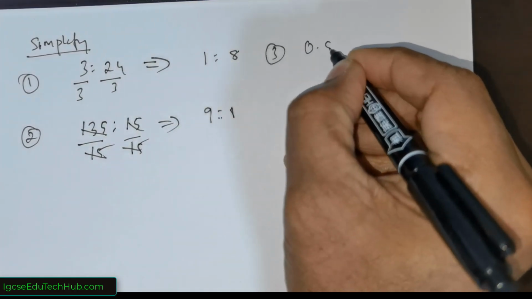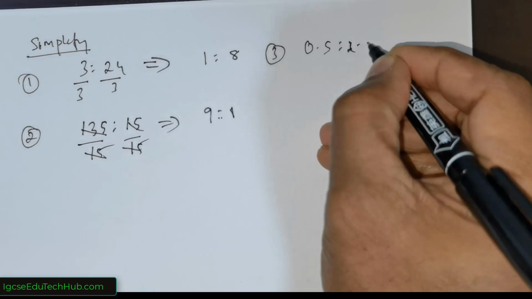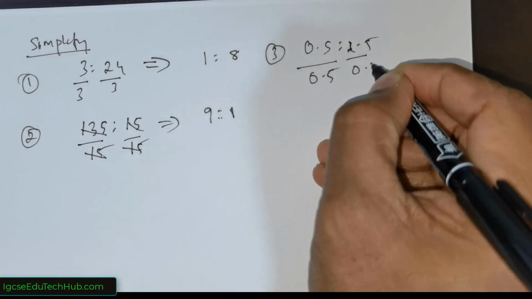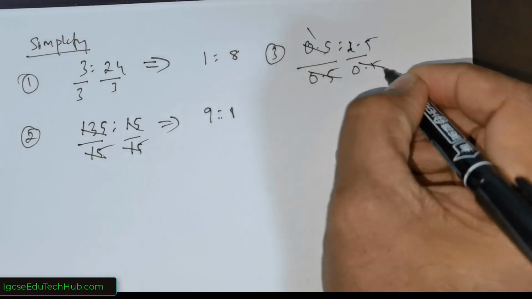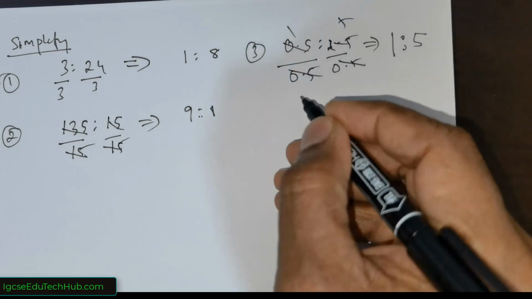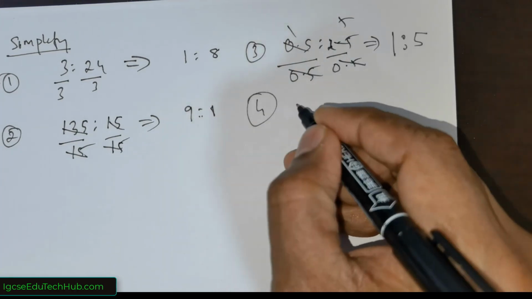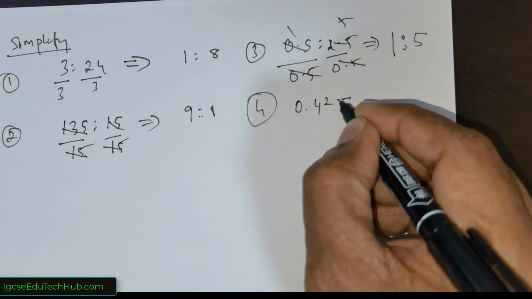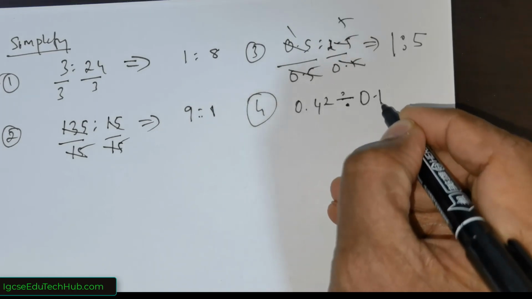Question number 3, 0.5:2.5. We have to reduce this. So I'm going to divide by 0.5 both sides. So this will give me 1, this will give me 5. So the solution is 1:5. Now question number 4, you've got 0.42 division sign 0.12.